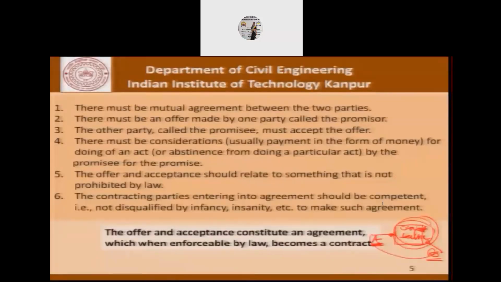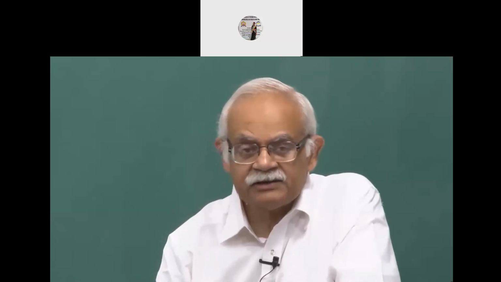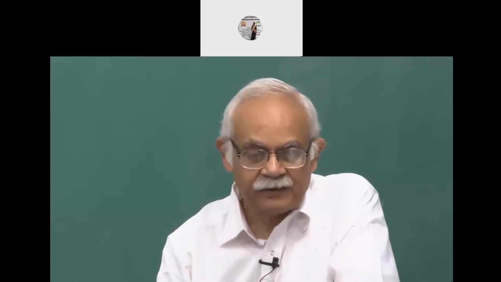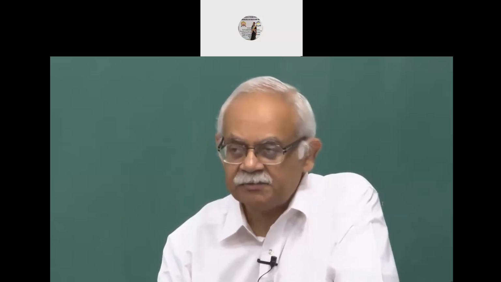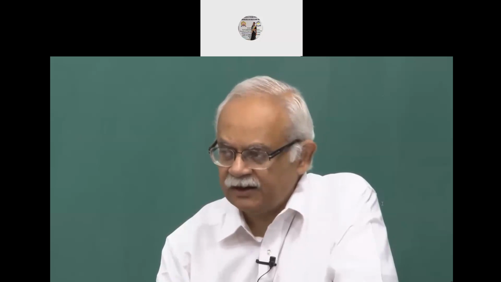Next, an acceptance is what makes it become a contract. When there is no acceptance of the offer, that is precisely what's called an agreement. I offer for some consideration and somebody else accepts the offer. That will determine whether it is enforceable.